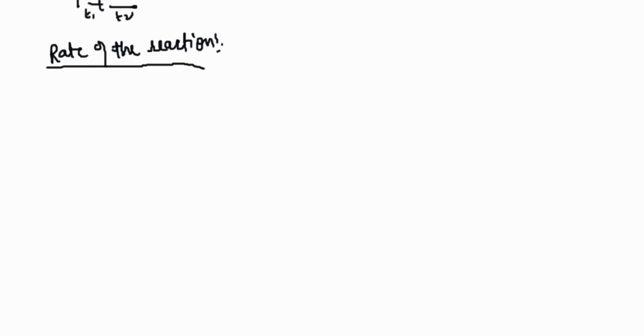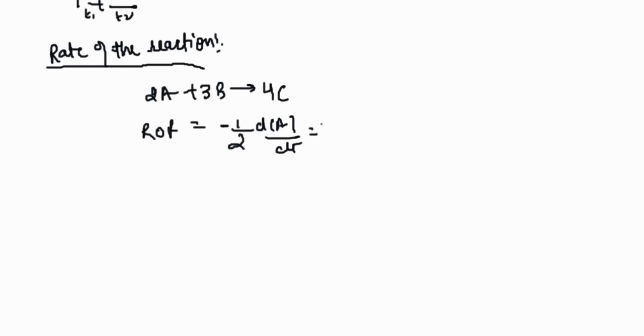So rate of the reaction is minus 1 by 2 dA by dt equals minus 1 by 3 dB by dt equals 1 by 4 dC by dt. So it is the rate of the reaction, either minus 1 by 2 dA by dt, minus 1 by 3 dB by dt, or 1 by 4 dC by dt. Okay, so this is rate of the reaction.